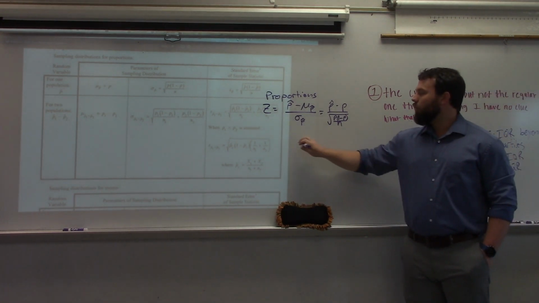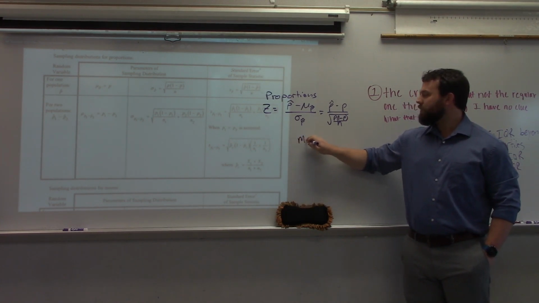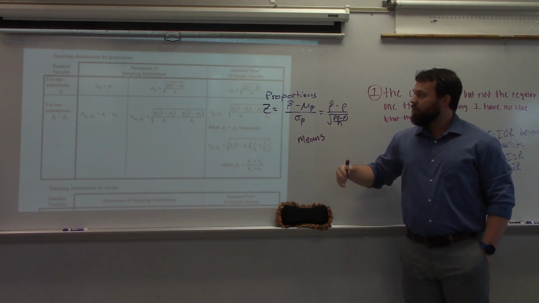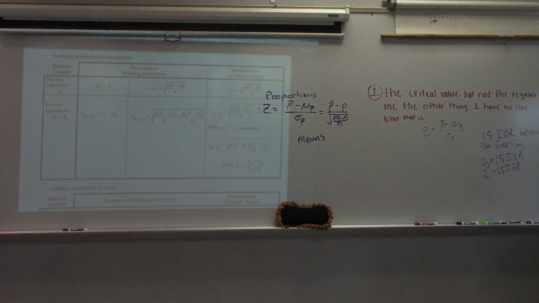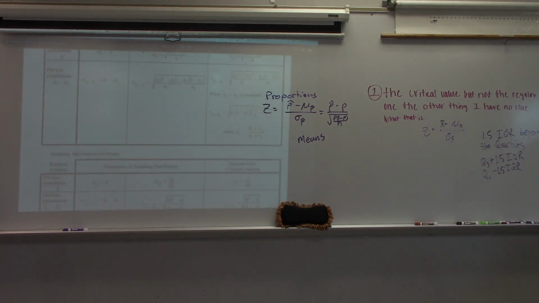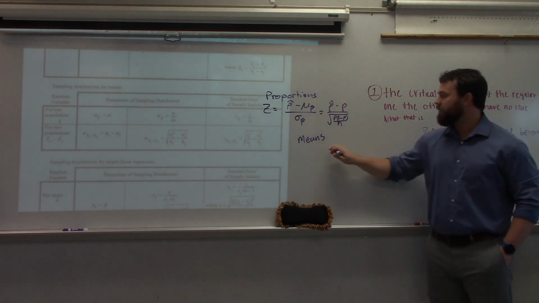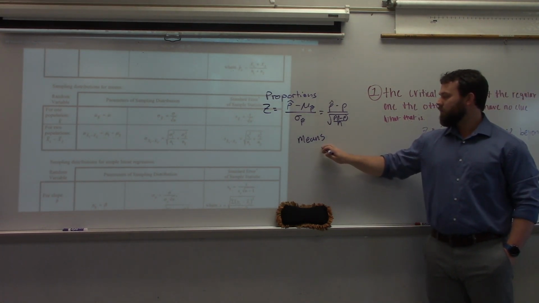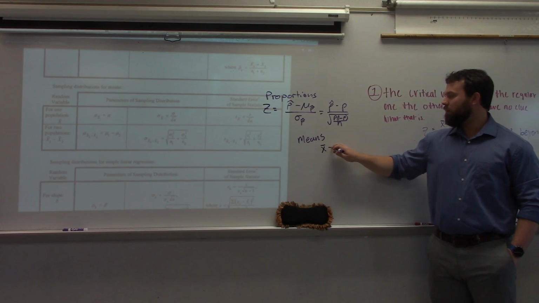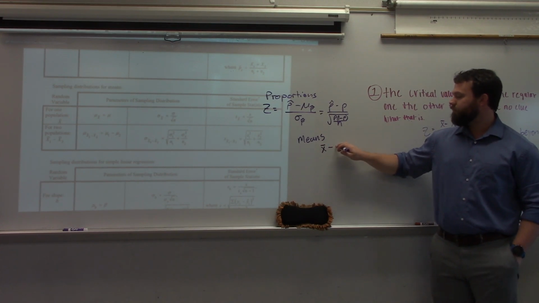Now though, we are moving into means. It doesn't change. It's statistic minus parameter divided by standard deviation or standard error. However, what's going to be my statistic with means? Statistic is x bar minus, what's my parameter?